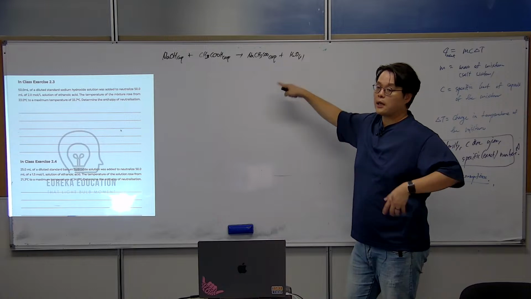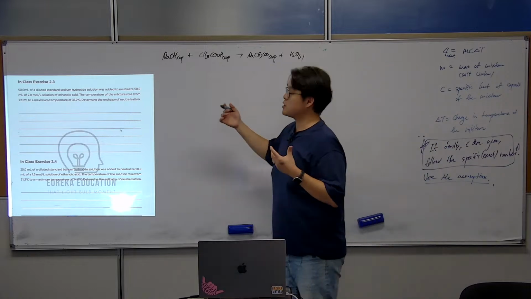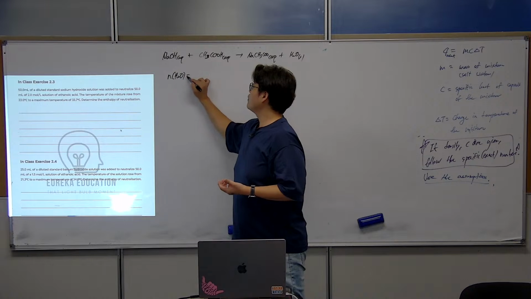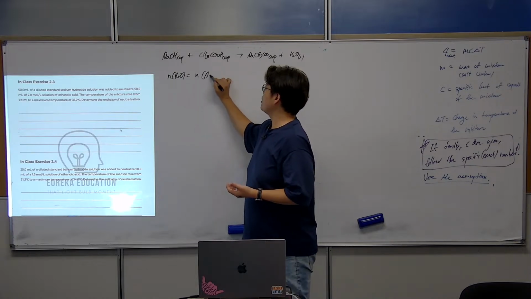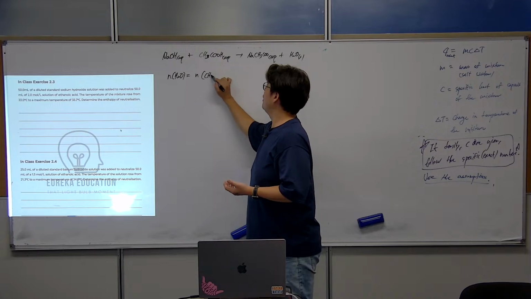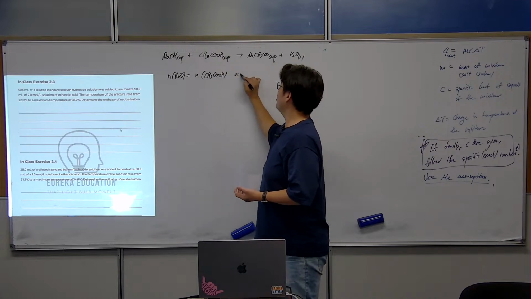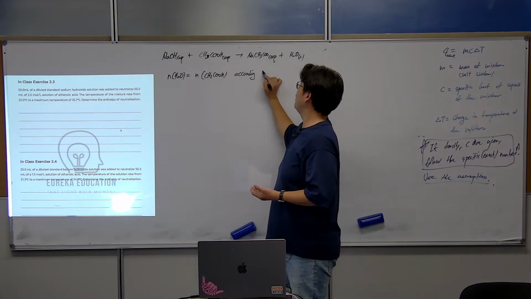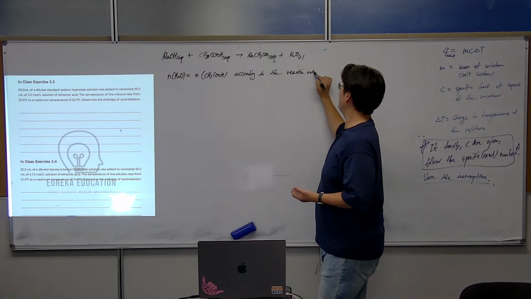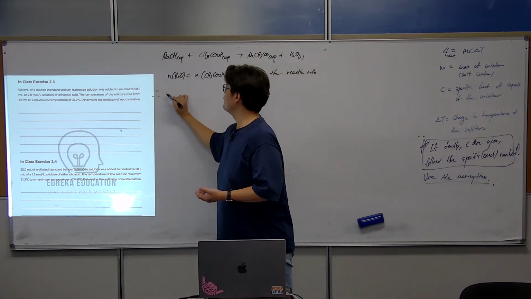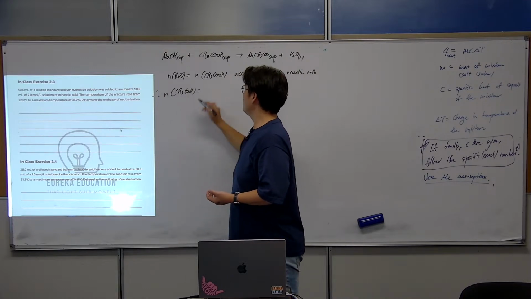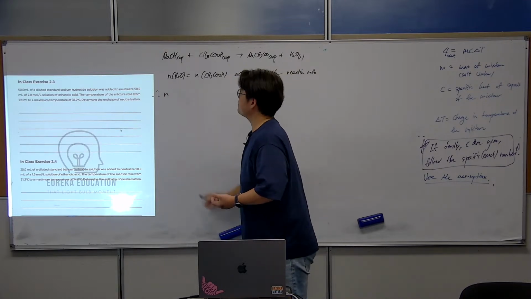So I can skip some of the steps to save my time. What I do is, the number of moles of the water is the same as the number of moles of the acetic acid you added, according to the reaction ratio. Therefore, n of the CH3COOH, or simply the water.